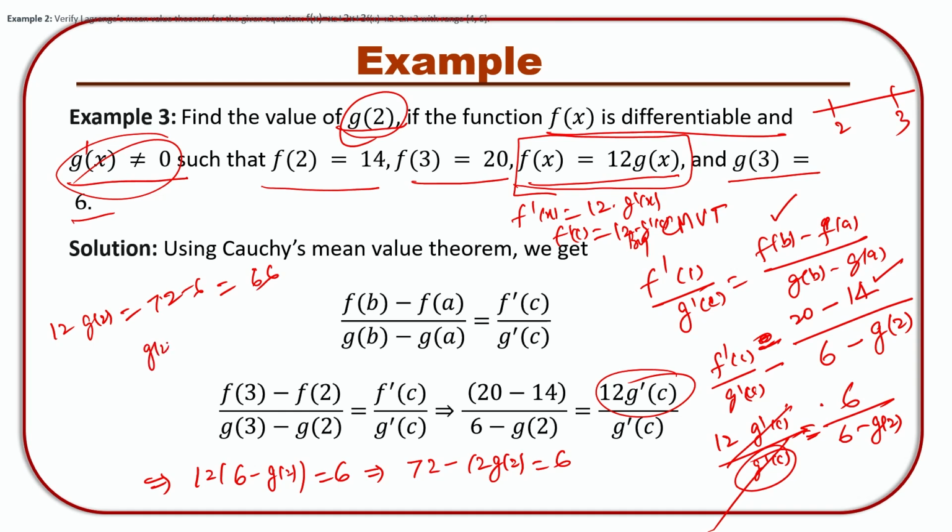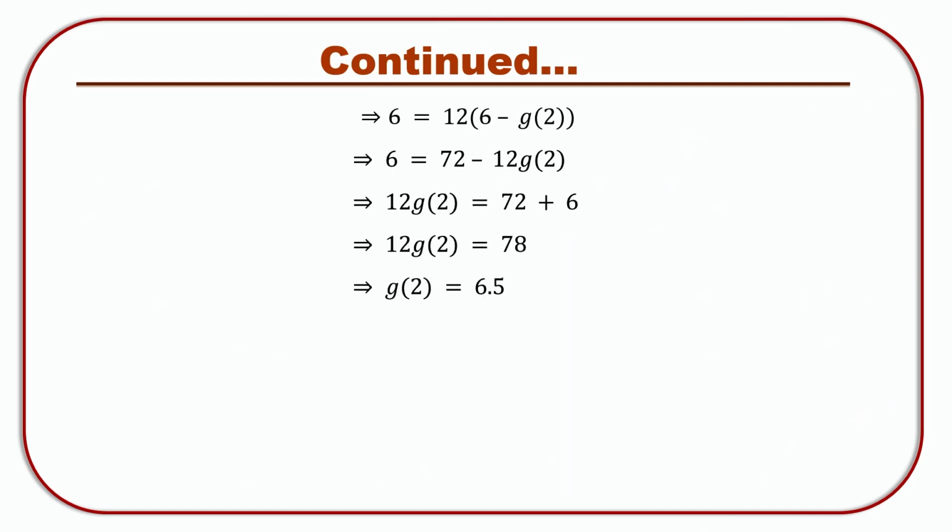So g of 2 equals 66 by 12, which is 22 by 4, so this is going to be 11 by 2, right? So that's what the answer is.